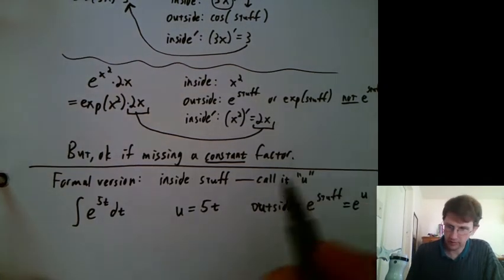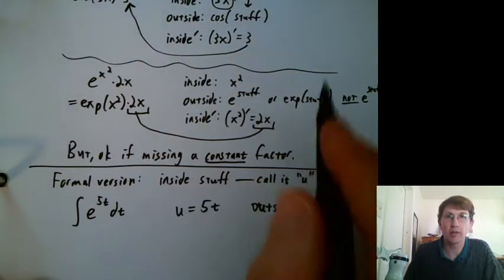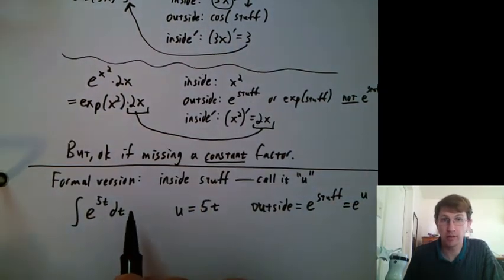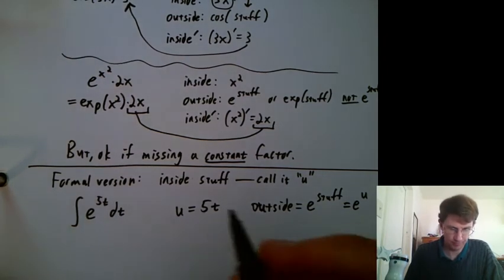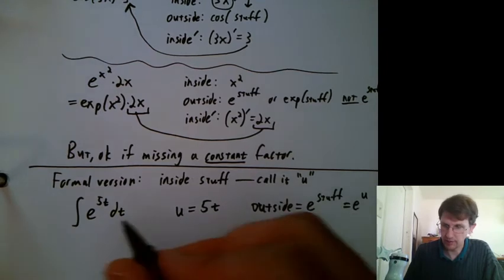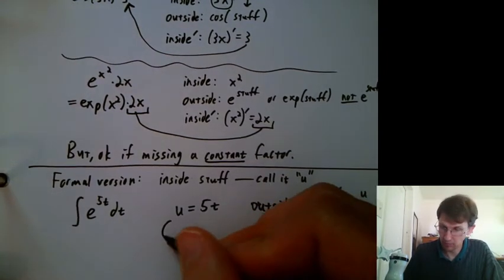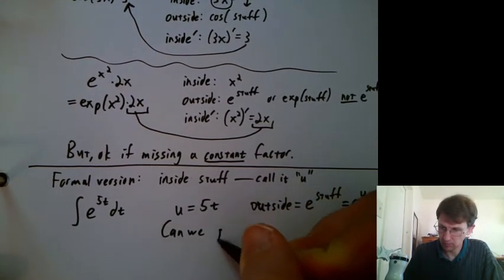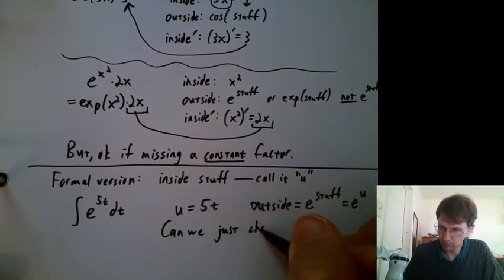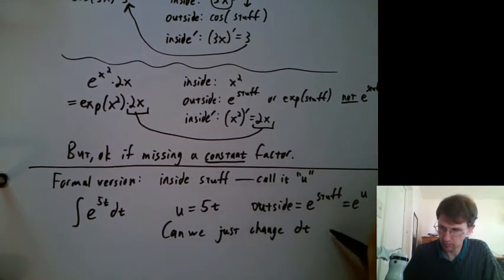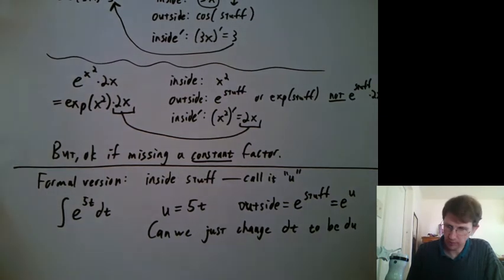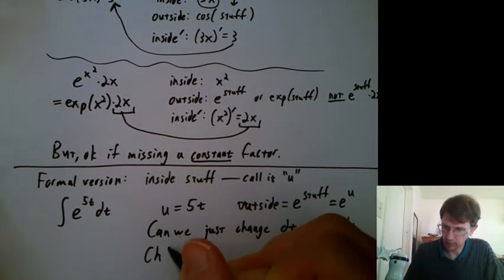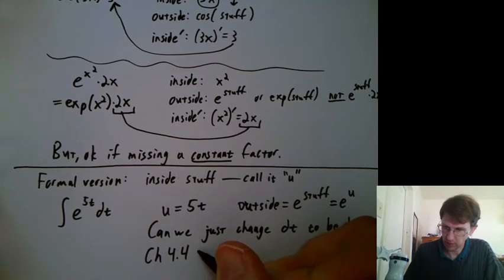And then here's this thing we weren't worried about up there because we weren't writing integral signs. But now that we have an integral sign, we have this dt. What are we going to do about that? Can I just write a du instead of a dt? Well, we have to think back to chapter 4.4, which was about differentials.